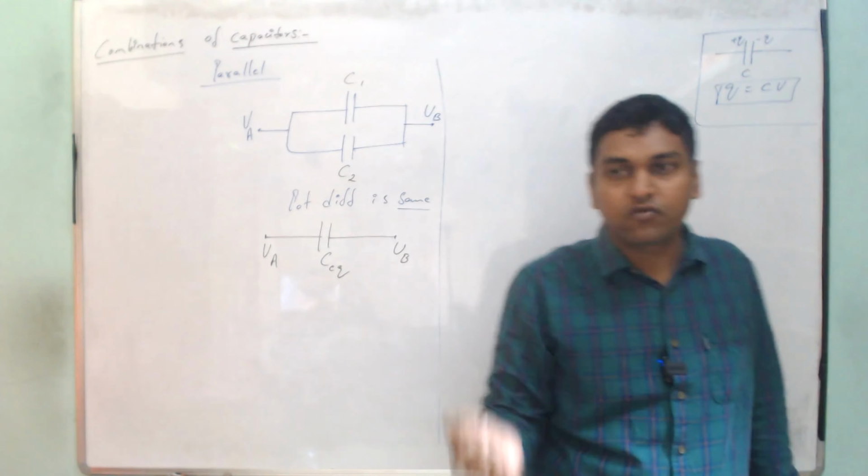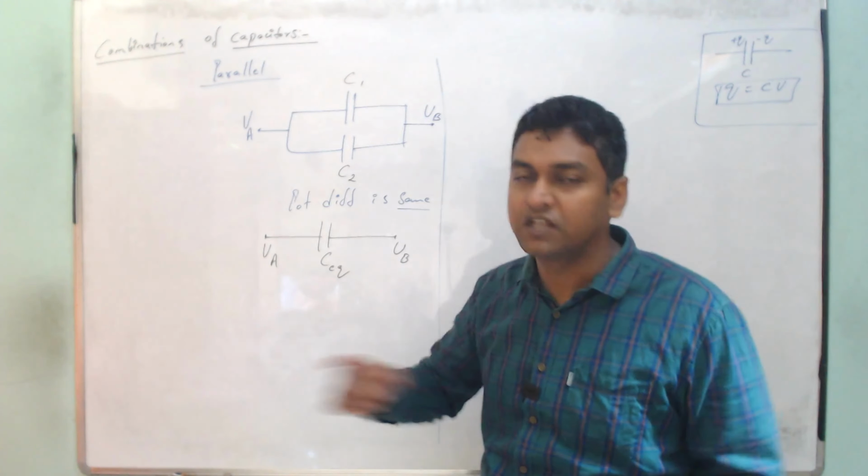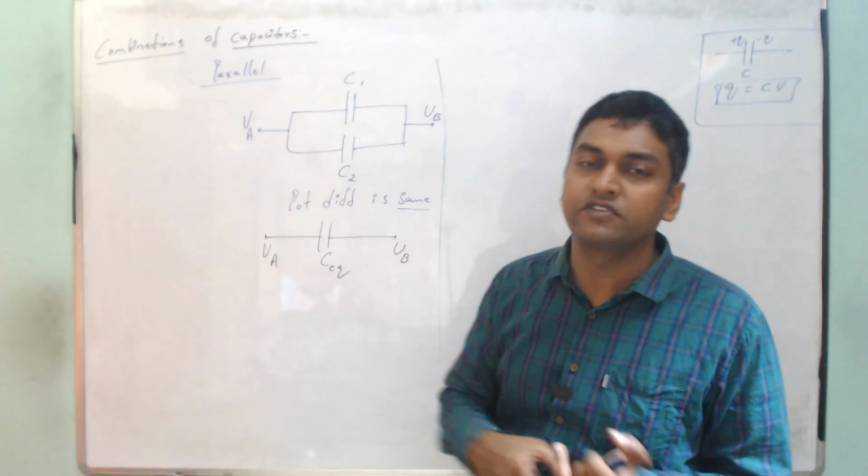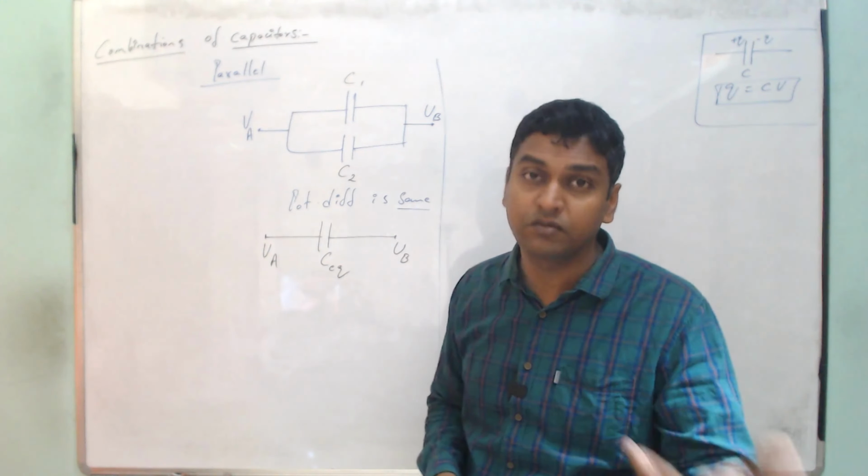What do I mean by same thing? It can be charge flow, it can be potential difference, it can be charge accumulated, it can be whatever. The rest of the story should have no different effect if I replace these two and place this one.